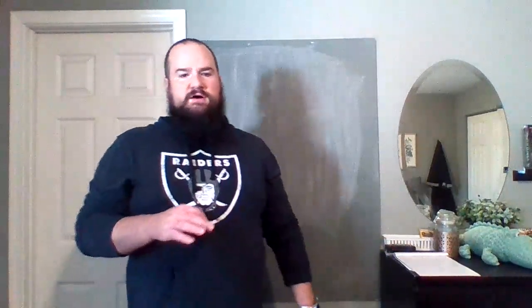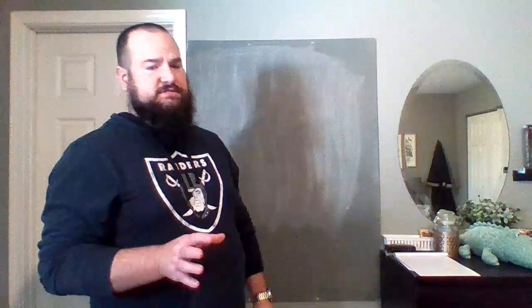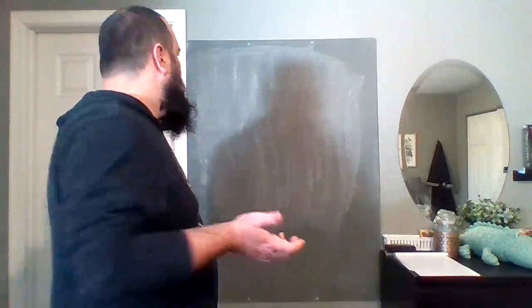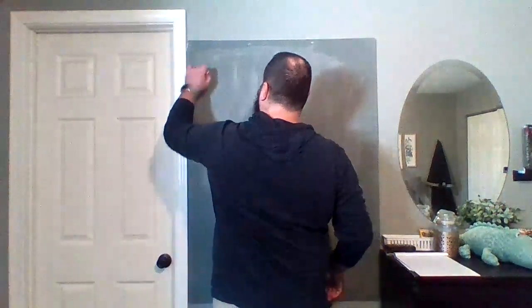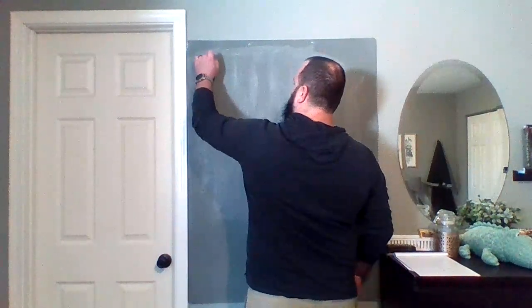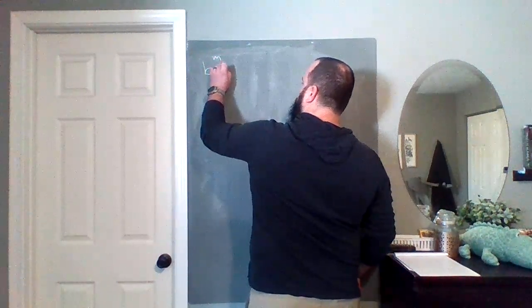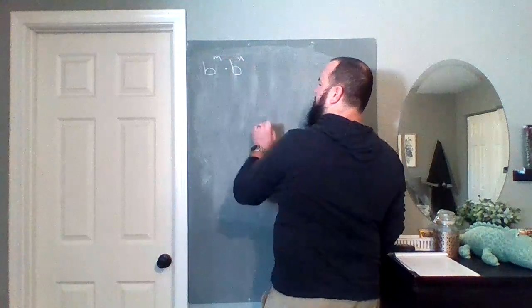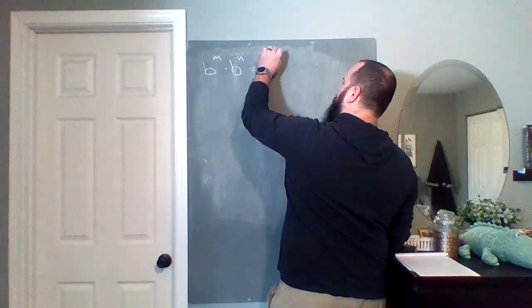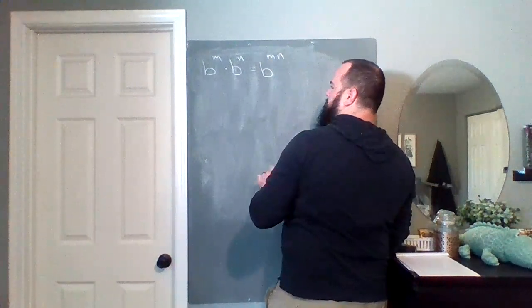Before we solve equations, I want to talk about a couple of properties of exponents. These are things that you should have covered in previous classes, but I want to refresh our minds on these. If I have b to the m times b to the n, that is b to the m plus n.